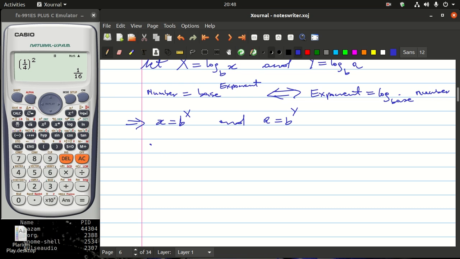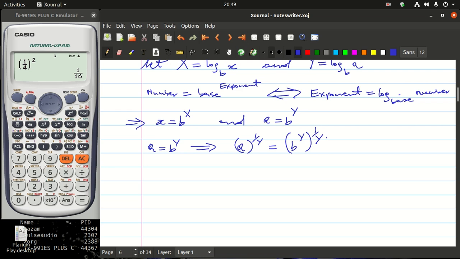So I can just say that a is equal to b to the power y, which implies that, remember that I wanted to solve for b. In other words, I want to remove that exponent. So I'll just say a raised to 1 over y is equal to b to the exponent y raised to 1 over y.